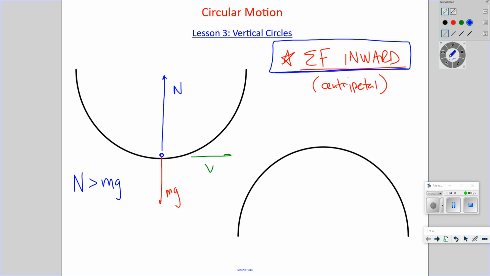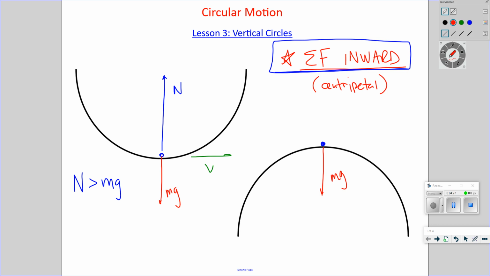Okay, if we take that same object and now let it go over the top of this hill, well, it still weighs what it weighs. But now as it goes over the top of this hill, again, the net force must be inward.